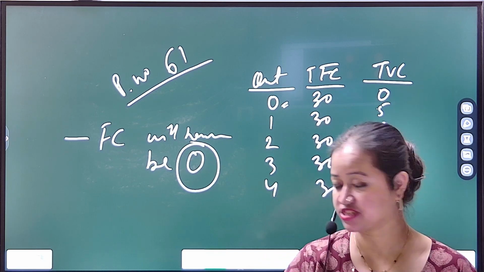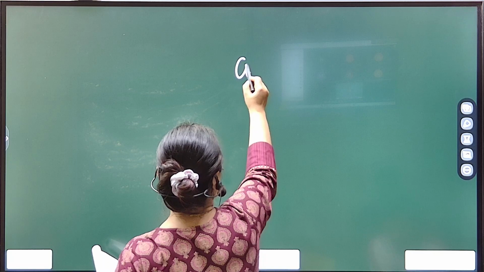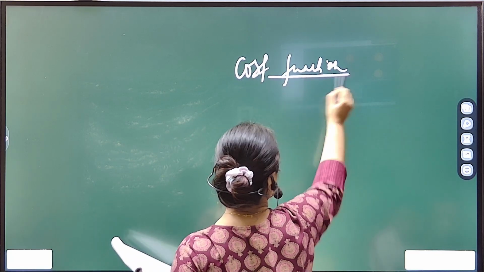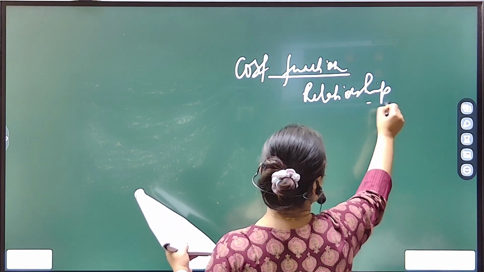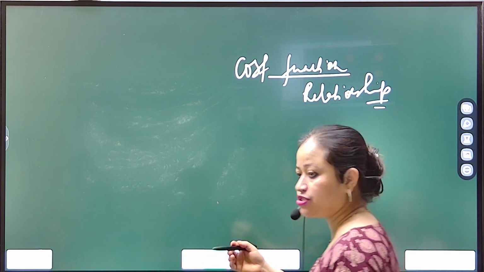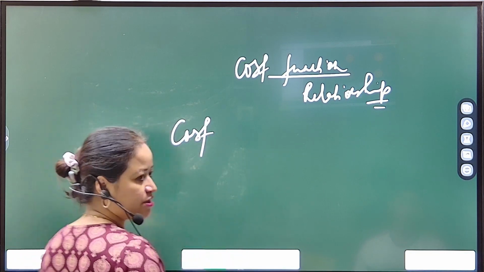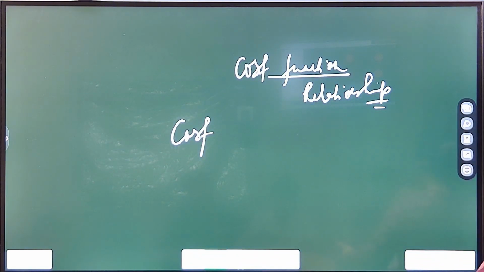Now next one, cost function. So what is cost function all about? Whenever we talk about function, we are talking about relationship. So what is the relationship of cost with what?